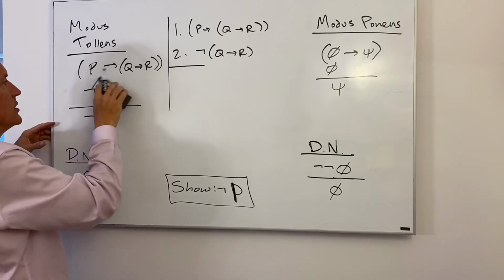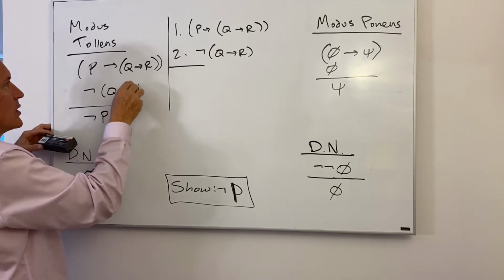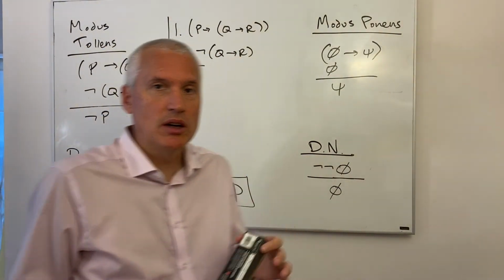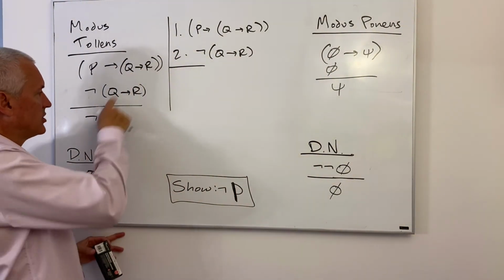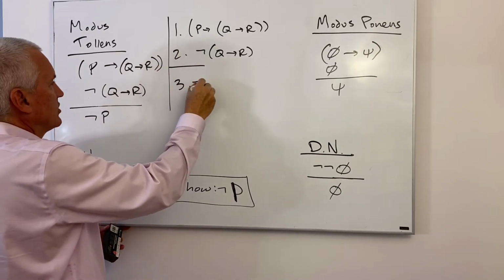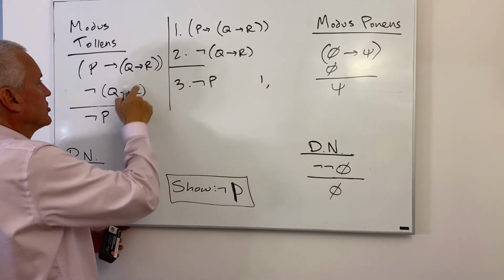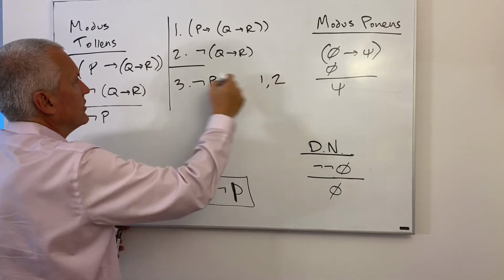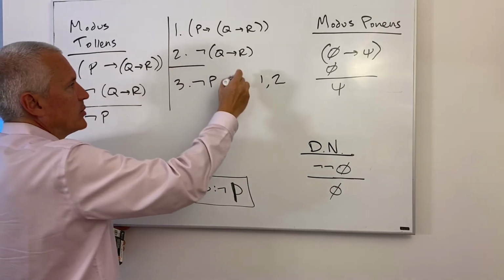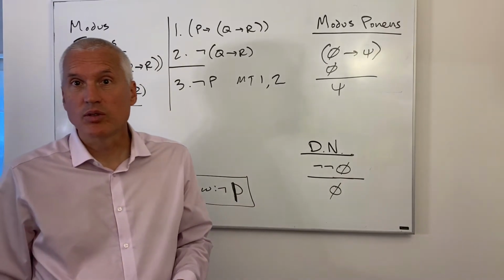And if I put in Q arrow R for psi, I get this. So that's a complicated instance of modus tollens, but it is an instance of modus tollens, and it's exactly what you and I have here. So we can say it's not the case of P, because on line 1, we have this conditional. On line 2, we have the denial of the consequent, the denial of the then part, and modus tollens tells me, therefore, not P. Pretty straightforward.